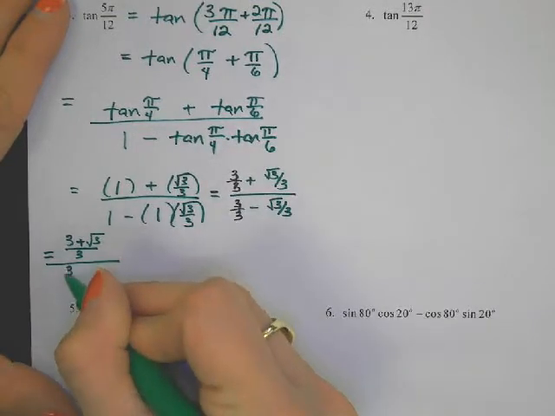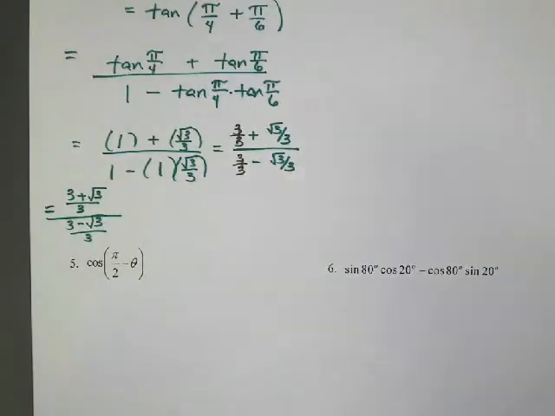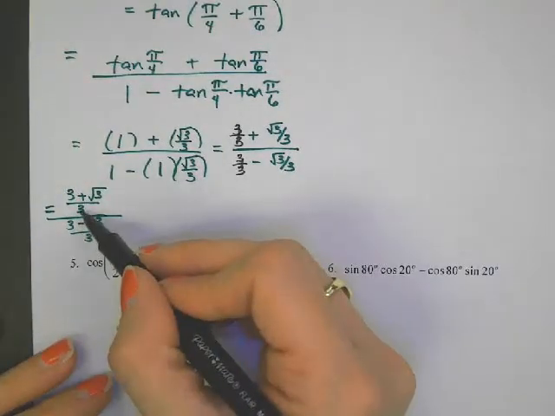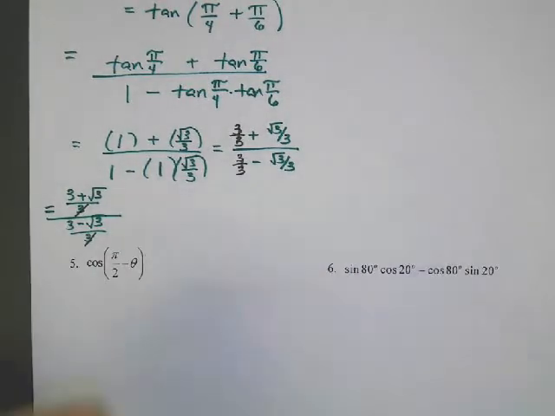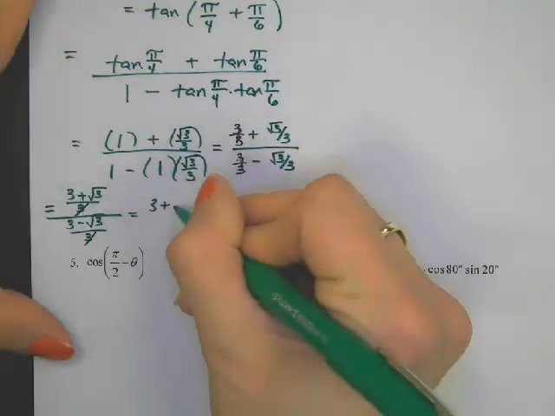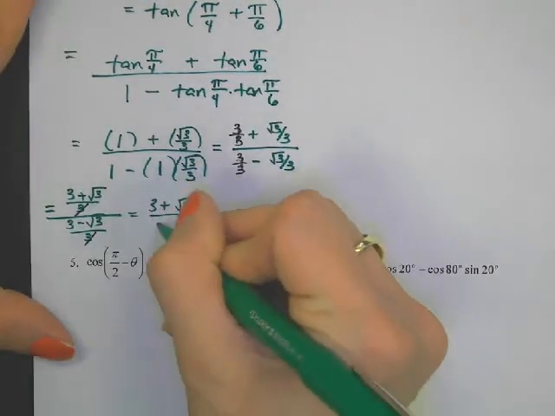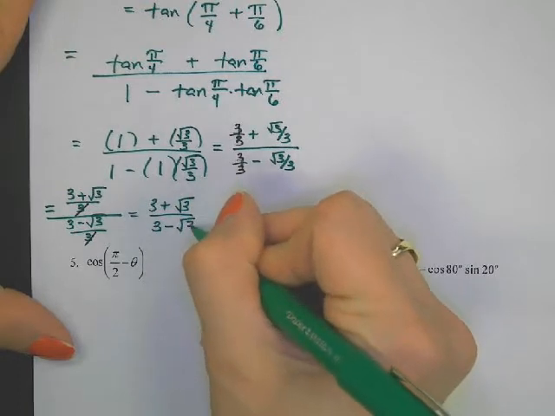And then down here it's 3 minus radical 3 with common denominator 3. Can we cancel a denominator of 3 with a denominator of 3? Absolutely. So now we've simplified this to 3 plus radical 3 over 3 minus radical 3.